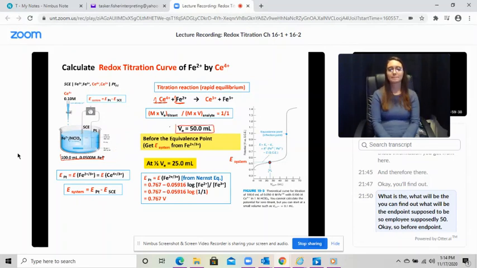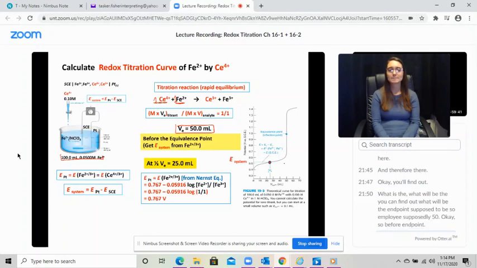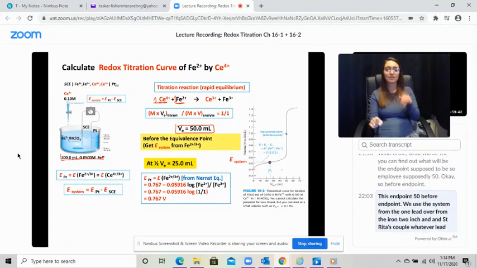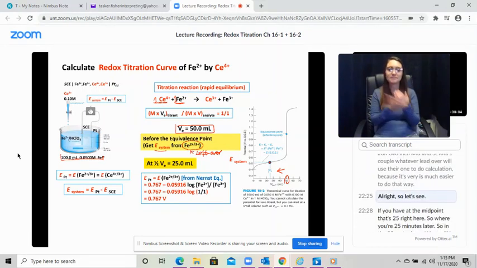So before the endpoint, we use the E system from what is left over from the iron 2 and iron 3 redox couple. Whatever is left over, we will use that one to do the calculation because it's much easier to do it that way.